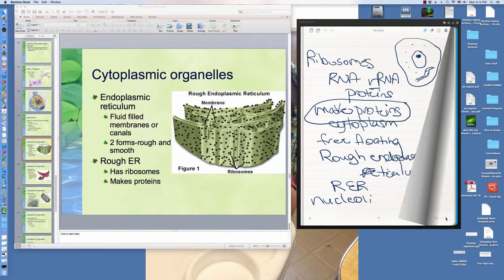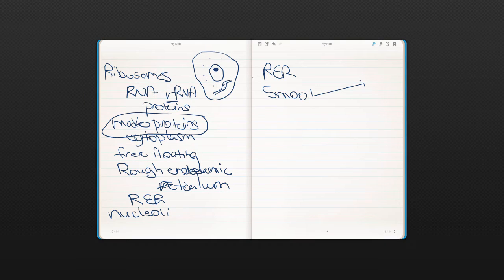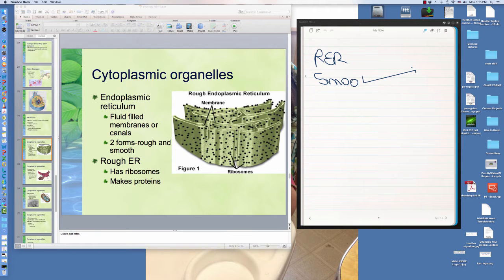So there are two types of endoplasmic reticulum. The rough endoplasmic reticulum, which this is a picture of here with the ribosomes attached, and what's called the smooth endoplasmic reticulum, which is smooth because it doesn't have ribosomes attached.